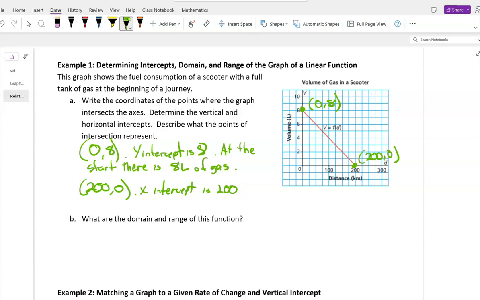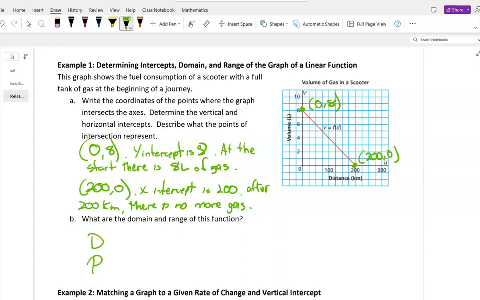Or when time is 0, or sorry, when distance is 0, there's 8 liters of gas in the tank. Okay, what does the x-intercept mean? After 200 kilometers, there is no more gas. Tank is empty. We've run out of gas. Okay.